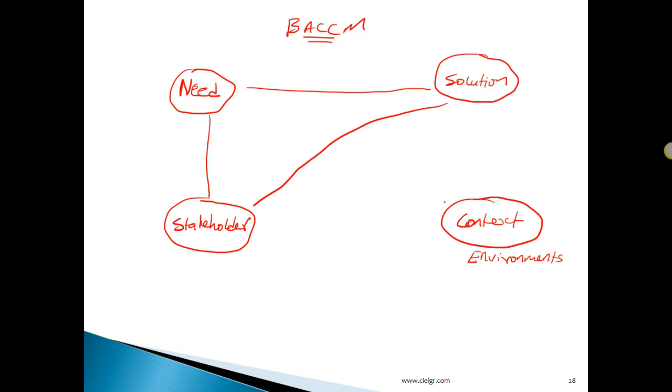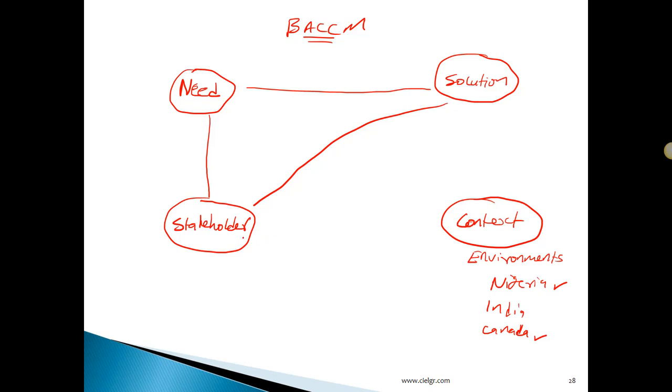So you may have a situation where you have different stakeholders in different locations, say for example in Nigeria, and then you have other stakeholders in, let's say, India, and then in Canada. You will notice that to a large extent the context, the environment, is different here, because a solution that may work in a particular location, if you take it to another location, may not have the same impact.